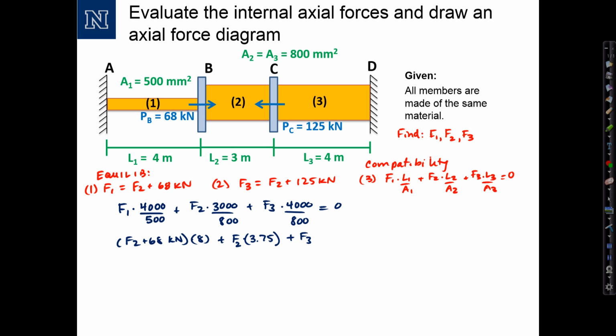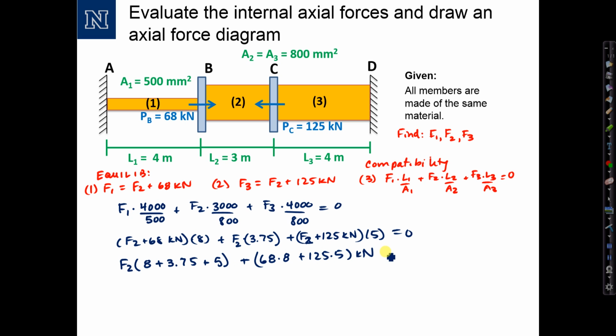I'm sorry, I should be substituting in for F3: F2 plus 125 kilonewtons, times 5, equals 0. Okay, now let's gather all the like terms that multiply F2. We have F2 times 8 plus 3.75 plus 5, plus 68 times 8, and 125 times 5, and those units are in kilonewtons.